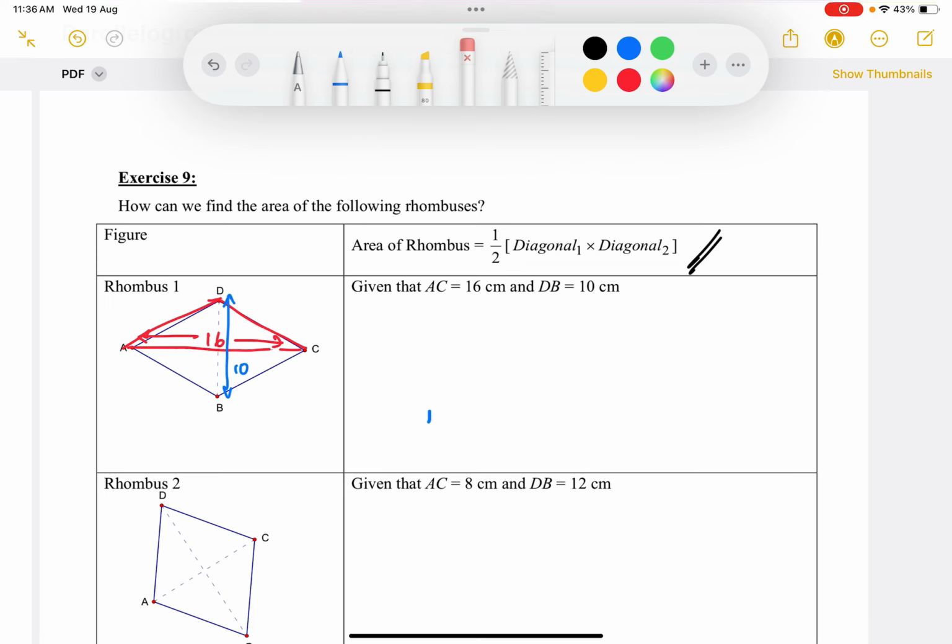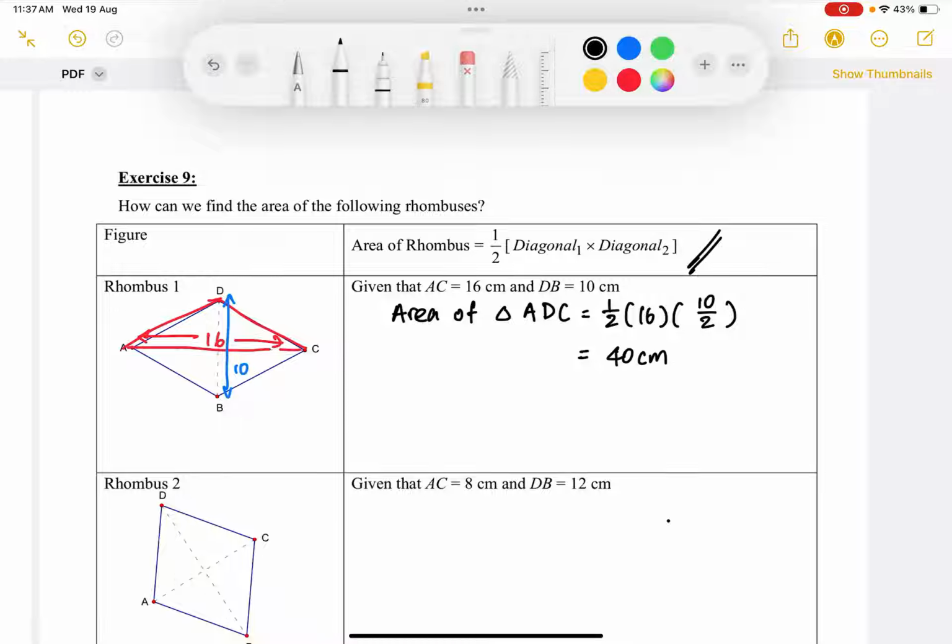Let us try to find the area of the triangle on top. So area of triangle ADC is half times the base, which is 16, times the perpendicular height, which is 10 over 2. So we can get a value, 5 times 8, we get 40.